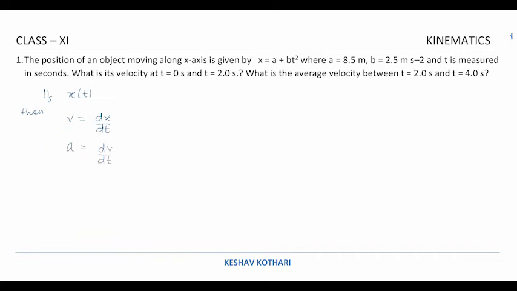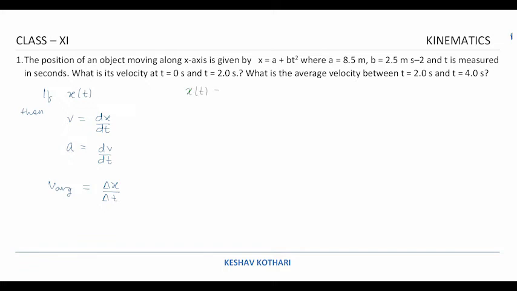And over here we will obtain an equation of v as function of time and a as function of time. But the average value of velocity will be written as the change in displacement by time taken in the given segment of time.